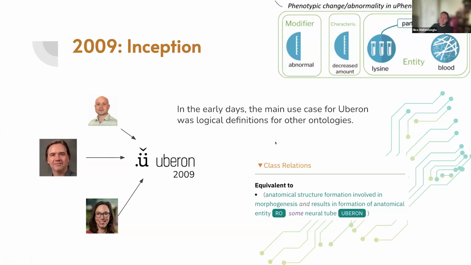In the early beginnings, I wasn't there, and most of you, I guess, weren't there either. I may misrepresent some of the details here a little bit because I don't know all of them. But I think the ontology was originally created with a very classic use case of having to logically define things in other ontologies.